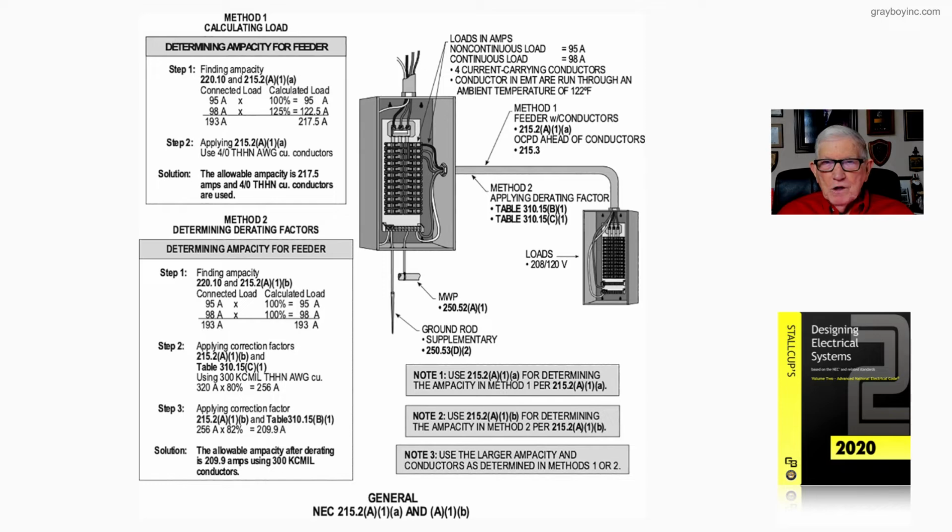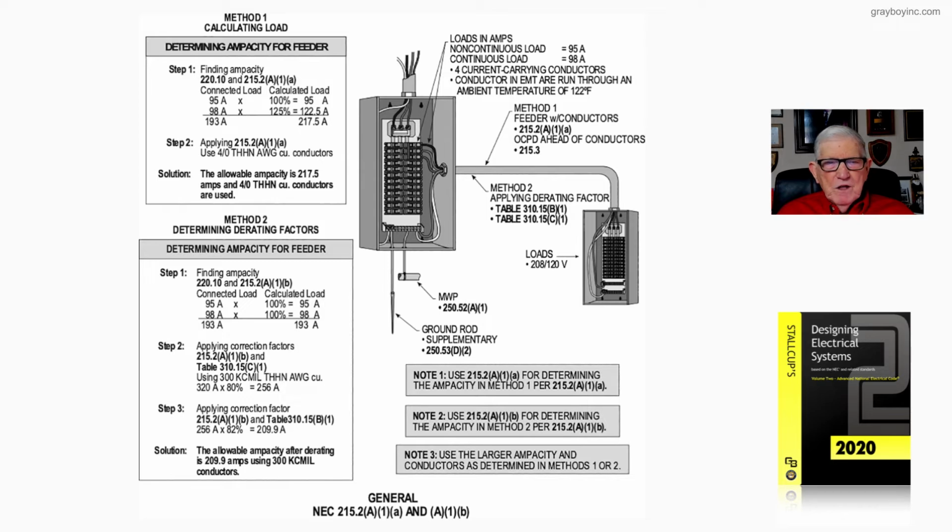We have 4 current carrying conductors, 80% for 4 through 6. So 80% of 320. Now the 90 degree column we can use, see. But remember, in your studies, the 90 degree column does not exist till you derate and reduce the loading of the conductor's ampacity rating, so to speak.